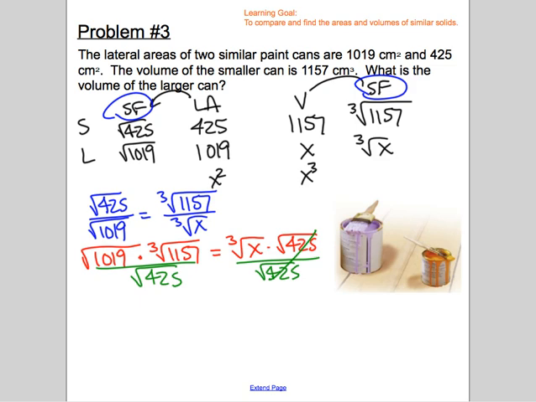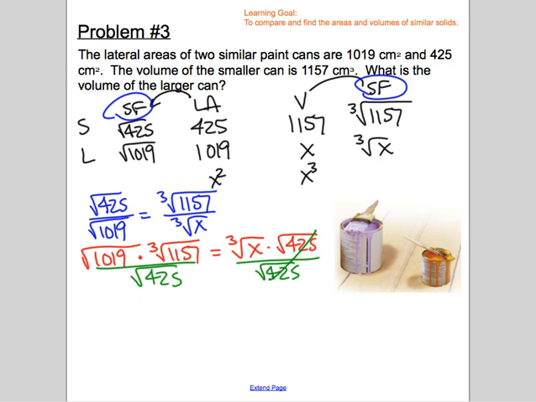Let's calculate the cube root of 1,157. When I put that into my calculator, I get something close to 10.5, 10.49811. I'm going to multiply that by the square root of 1,019, and once I've done that, I have something around 335, 335.118352.